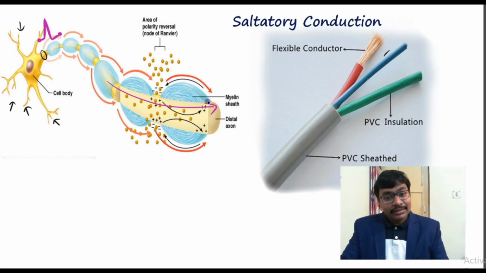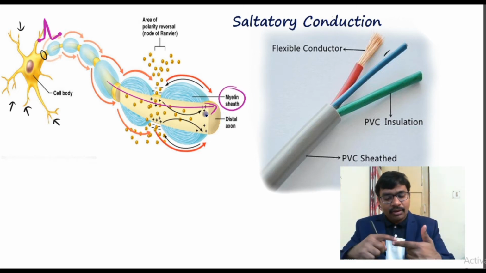The Schwann cells, particularly in the peripheral neuron, form the myelination. Myelination is a kind of sheet wrapping around the neuron a number of times by the Schwann cell.